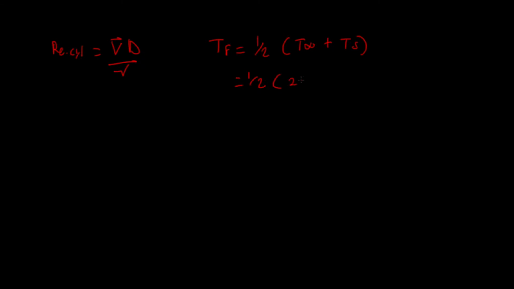T infinity is 26 degrees. T surface is 158. And from this, I get T_f equals 92 degrees Celsius. Okay. Now that we have our film temperature, we can go to the air tables.